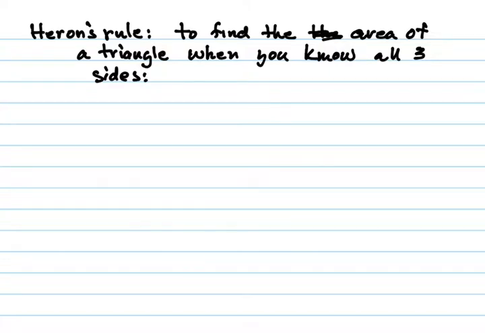The formula is not great. There's a lot of math to do, but it's very easy to do. Your calculator can do all the work for you, but sometimes it's your only choice. So I guarantee you're going to be using it.